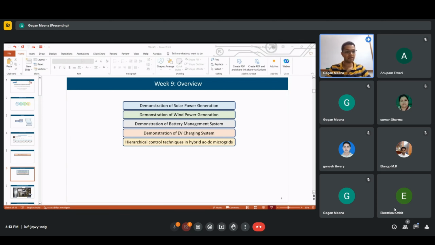Is the slide in PowerPoint in slideshow mode, or is there some problem? Sir, the slide is not changing.